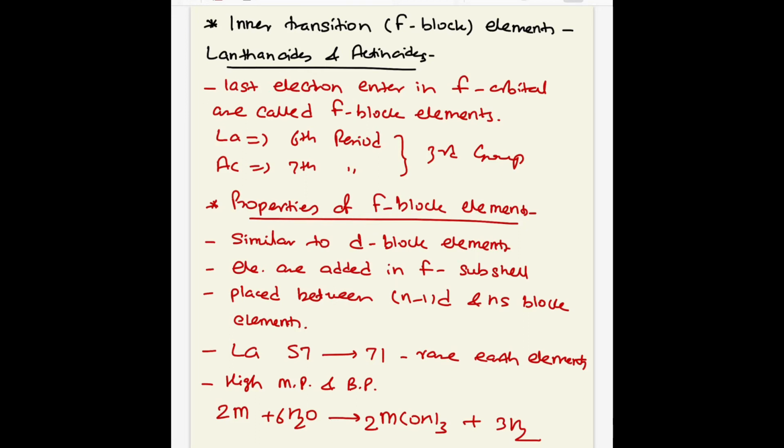The common oxidation state of lanthanoids is +3. Along with that they can show the +2 oxidation state, which is also very important, and they form stable oxides of the type M2O3.